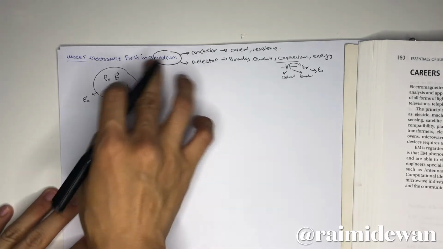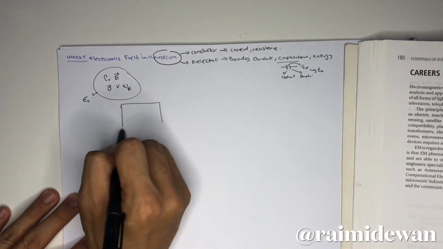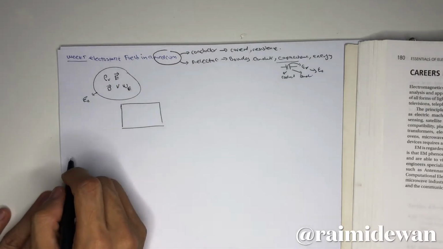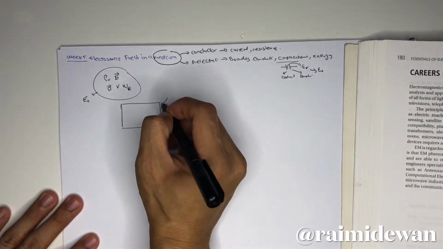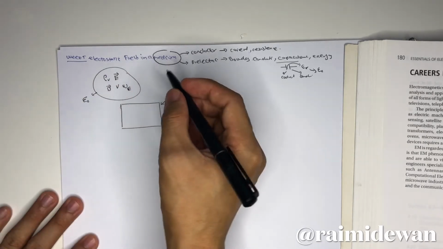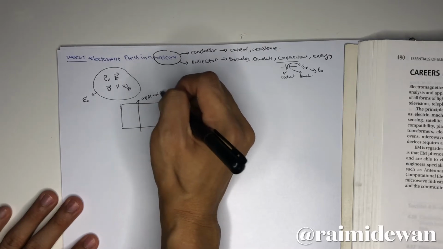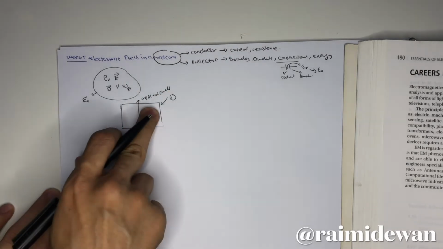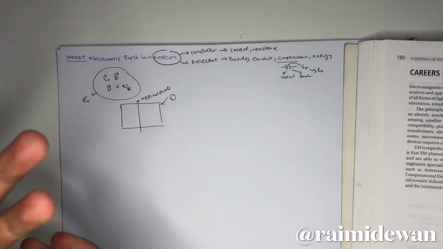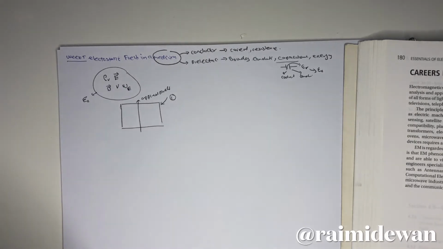Now in this lecture we need to know three important criteria. First, we need to know the material that we will use. Second is the applied field. Why is the applied field considered? Because we need to have the field, only then can we measure the resistance and the current.